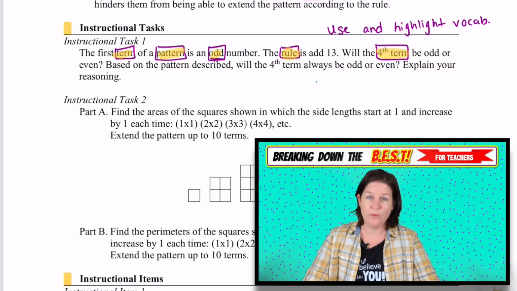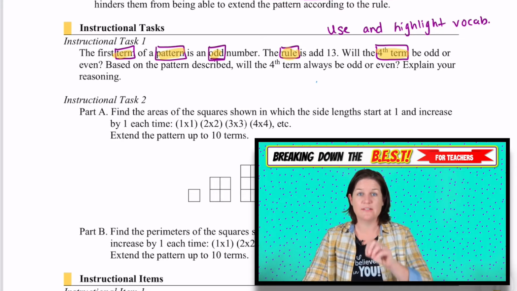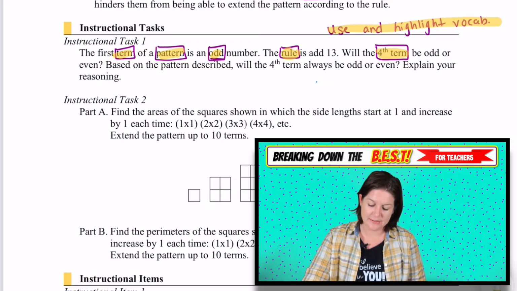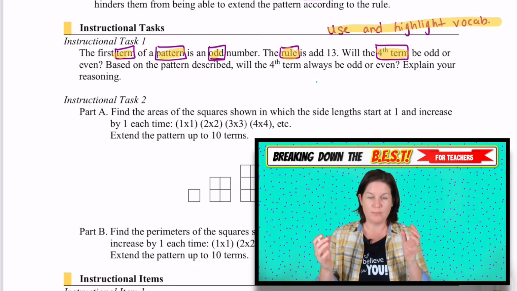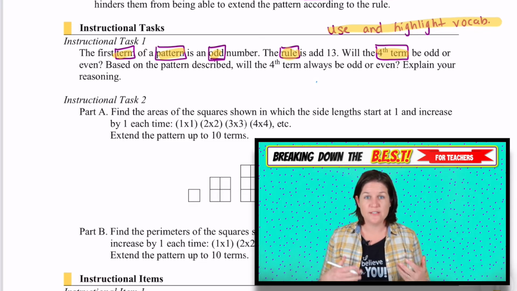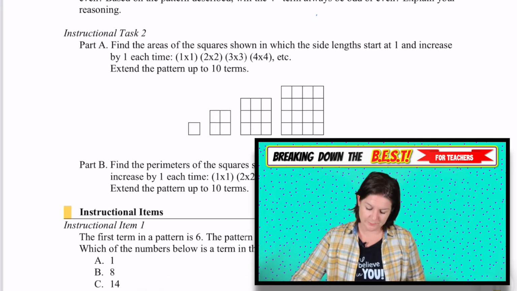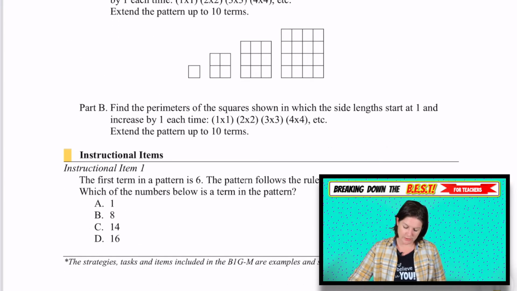Knowing what these words mean, knowing that the first term has a value, the second term has a value, and using that. So I said to always showcase the important terminology, to use it and to talk about it whenever you're working with problems. Okay, and then here's some examples of what this might look like.